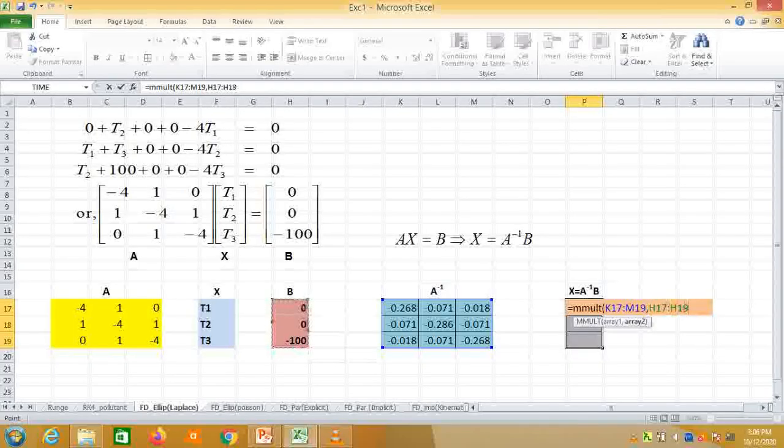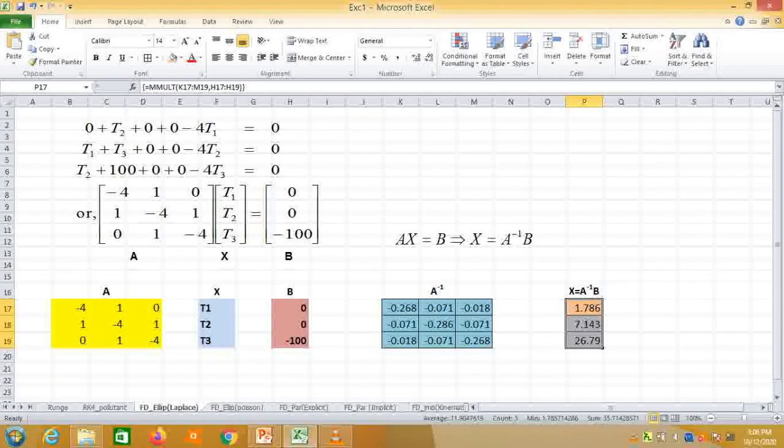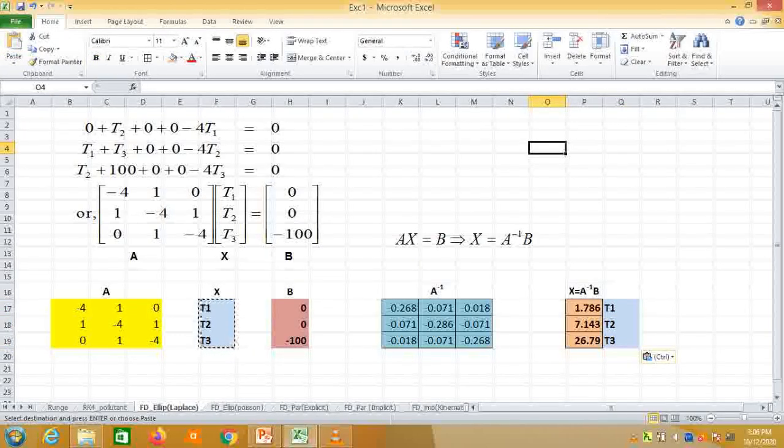That should give you the values of X. So T1, T2, T3 are found to be these values here: T1 is 1.786, T2 is 7.143, and T3 is 26.79.